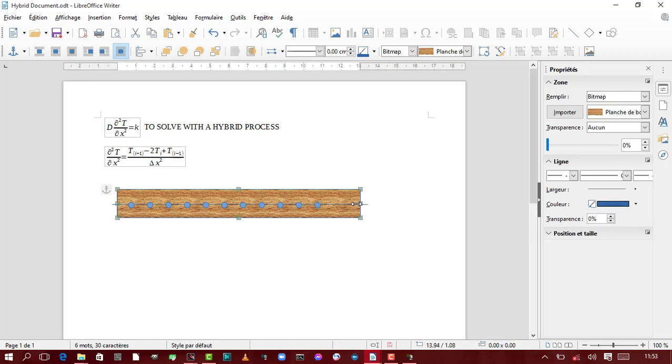Okay, so we have this. So what I want is to reduce. Okay, let's say this is what we have, and what I'm talking about is that at each of these points I want the value of the temperature.